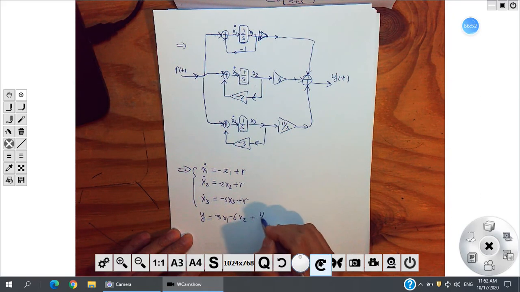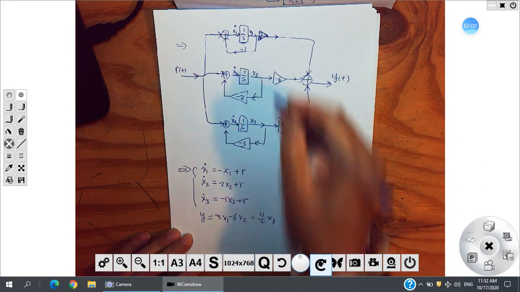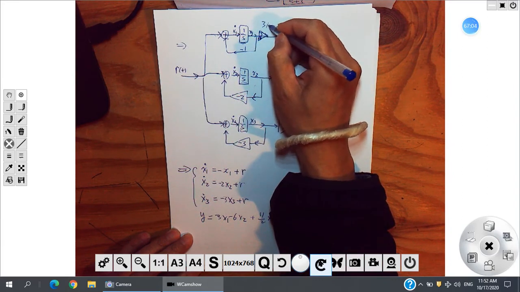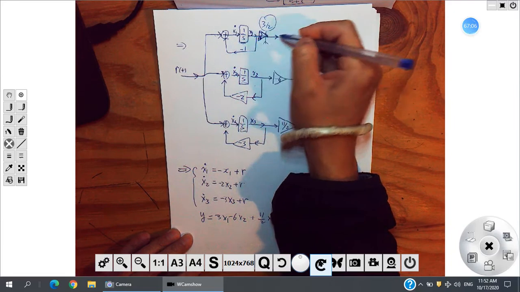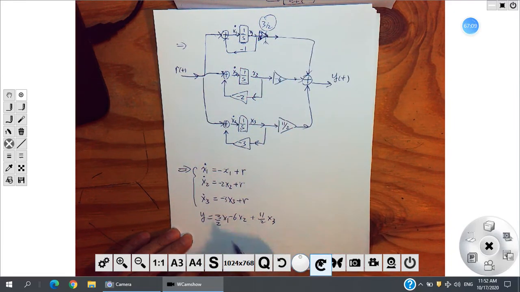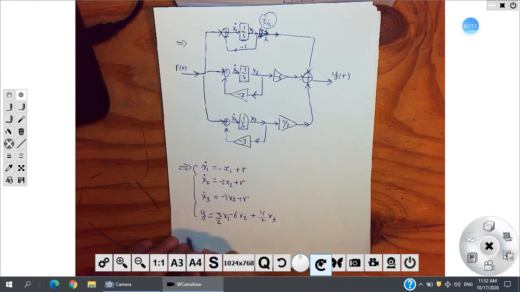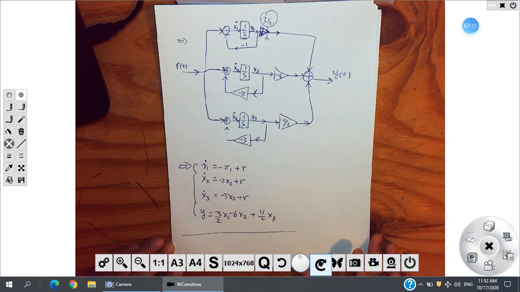I think I made something wrong. Oh, here, this one is 3 over 2. So here's 3 over 2. Alright. So finally we have these equations.